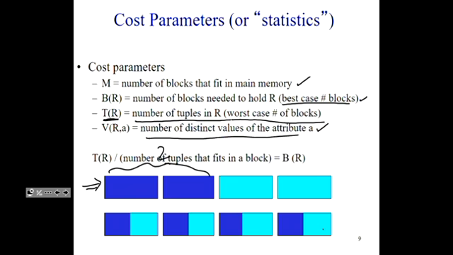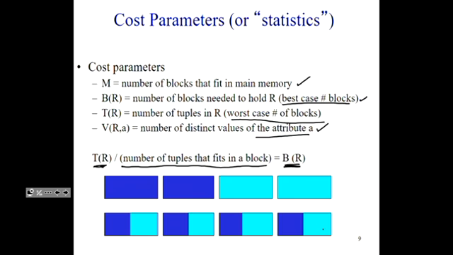So V of R comma A is the number of distinct values of attribute A in relation R. Okay, and one way to relate the T of R quantity with the B of R quantity is simply T of R divided by the number of tuples that fit in a block is equal to B of R. Okay? Any questions about these cost parameters? Right, let's move on.